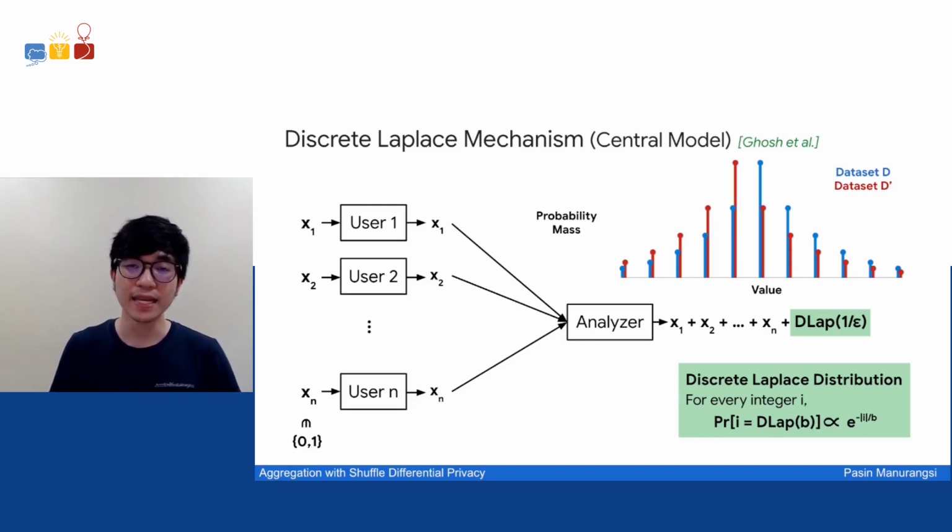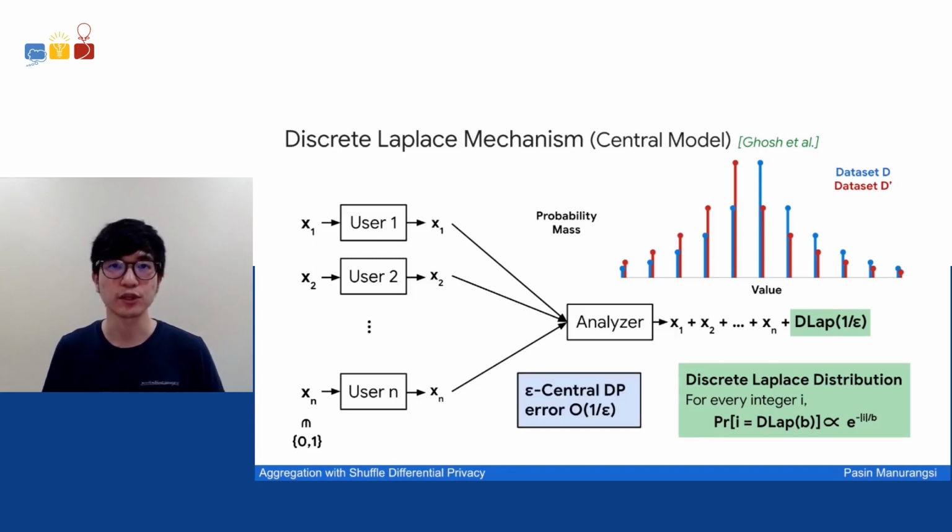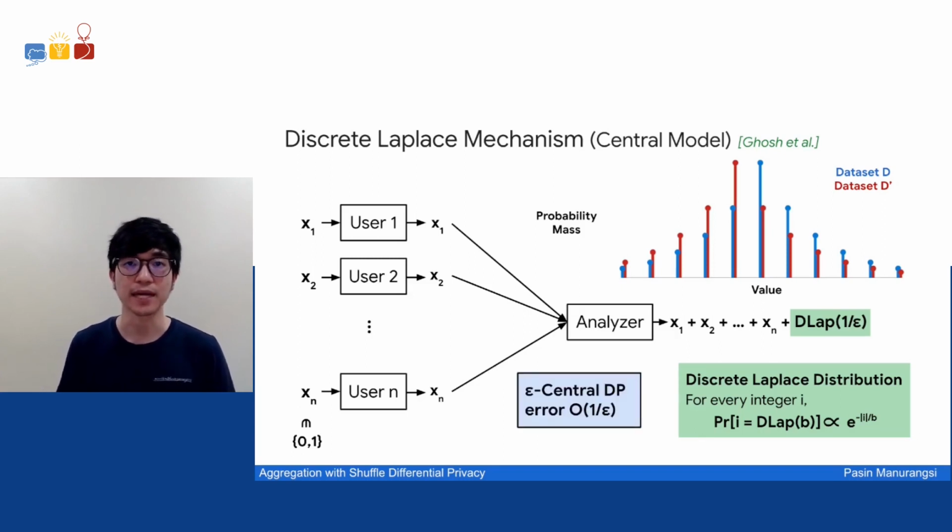And if you look at any outcome, the ratio between the two probability masses is at most e to the epsilon. And this is why the algorithm is differentially private. It's also not hard to show that the expected error of this mechanism is only 1 over epsilon. So this is indeed the epsilon DP algorithm with error 1 over epsilon in the central model.